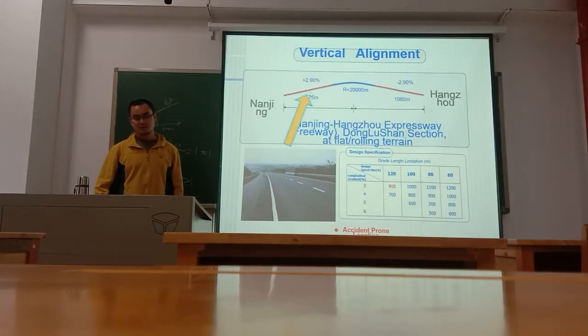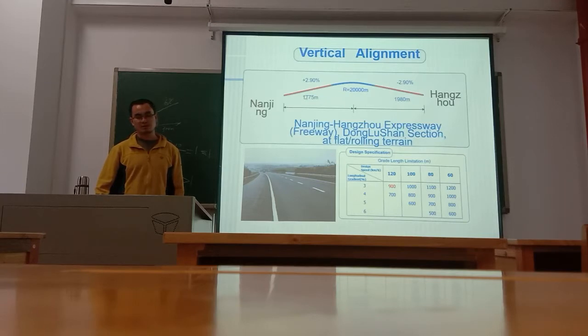This is one grade. There are two grades, and this is the vertical curve, and the radius is 20,000 meters.